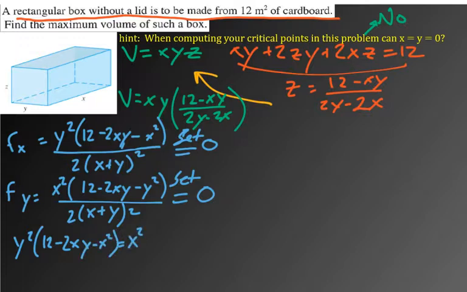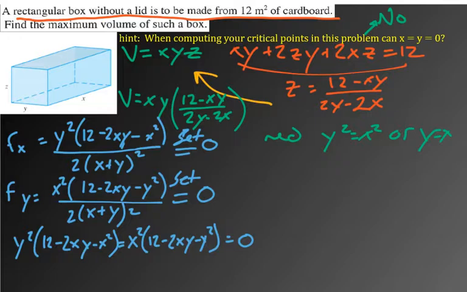So these two numerators both basically need to equal 0, which is saying that, since this part and this part in here are the same, then this x squared and y squared need to be equal, right? We would need that y squared equals x squared, or just y equals x, right?